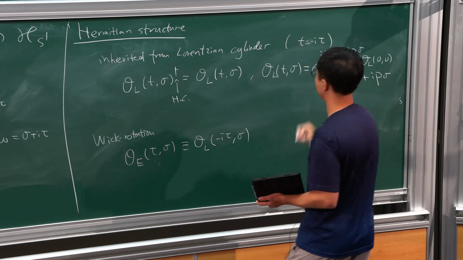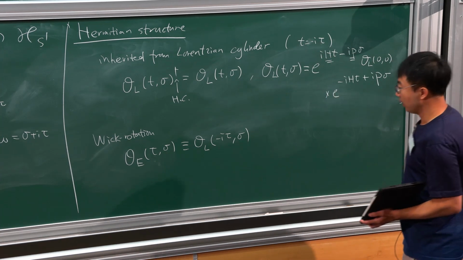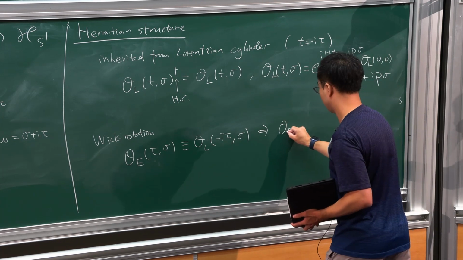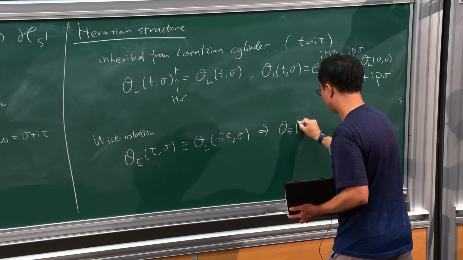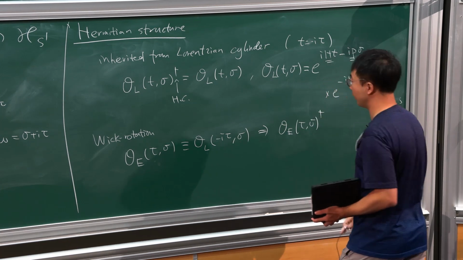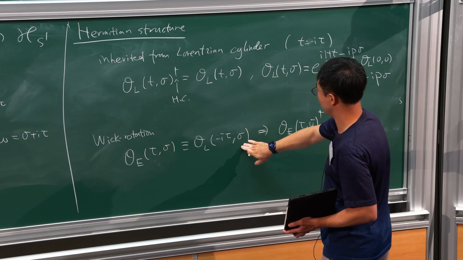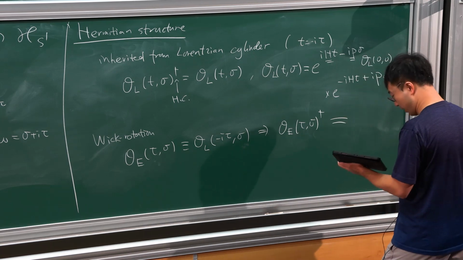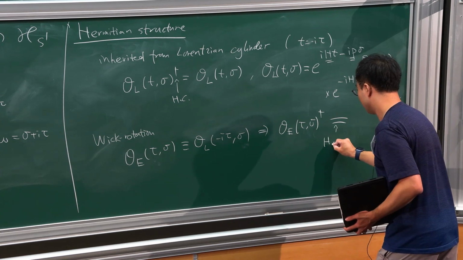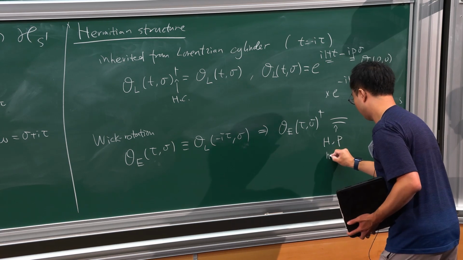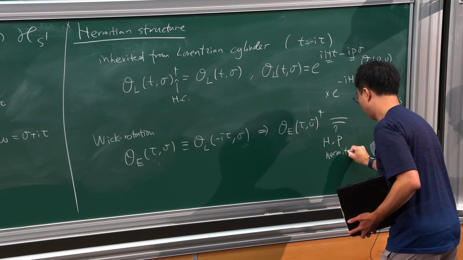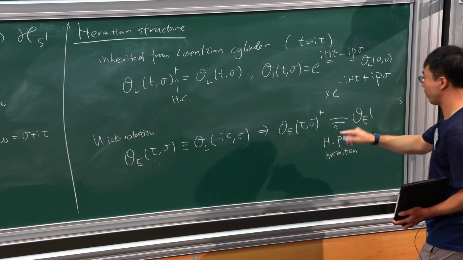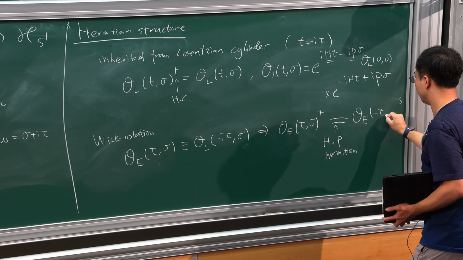It does not make a difference, but let me stick to the convention in my notes. Then taking the complex conjugate on the right-hand side, using this property, and using the fact that both the Hamiltonian and the momentum generators are Hermitian, you find that taking the Hermitian conjugate of the Euclidean operator involves, in addition, a reflection of time.